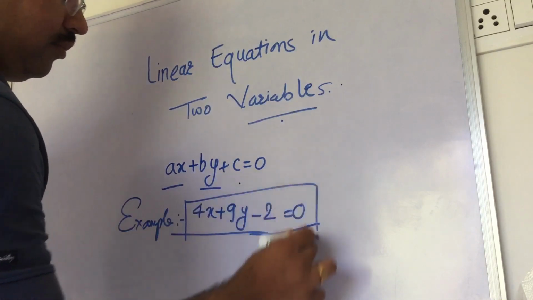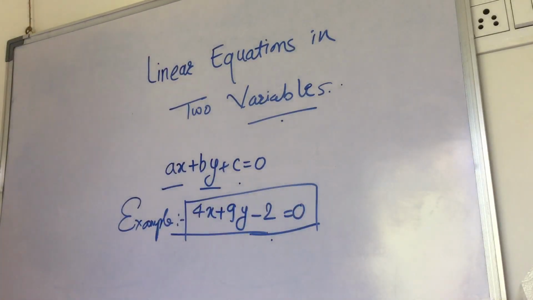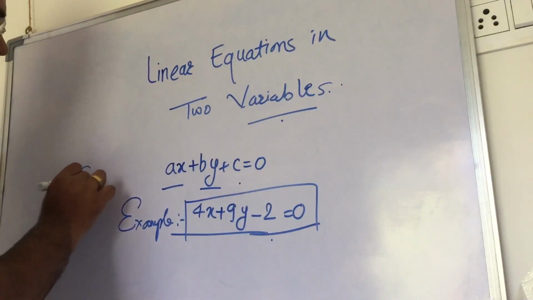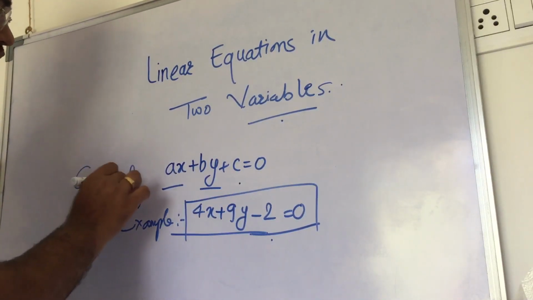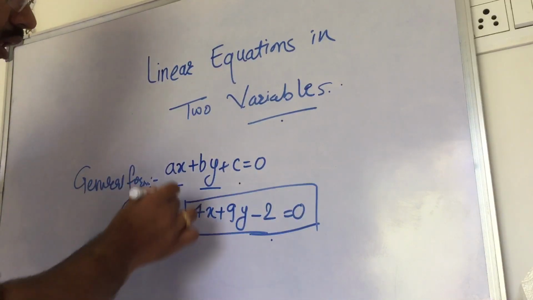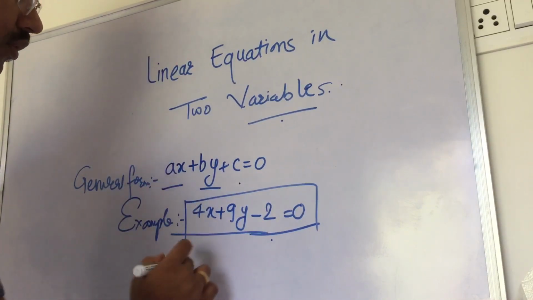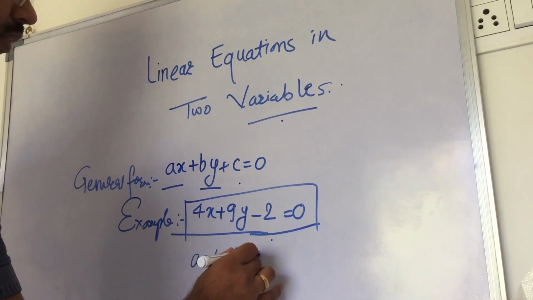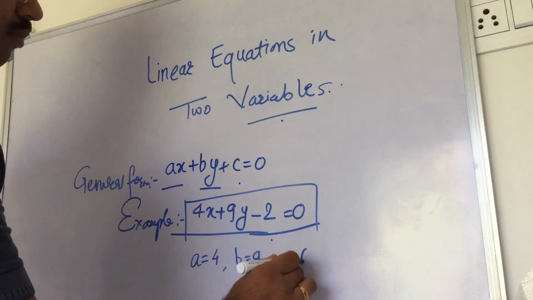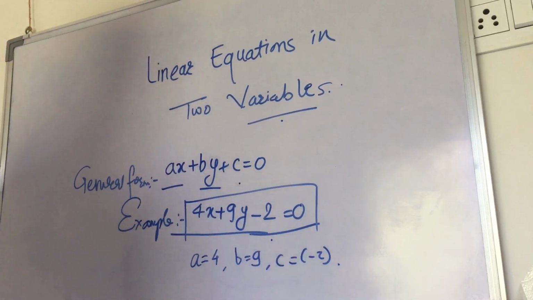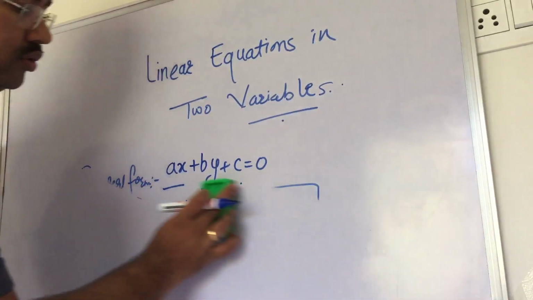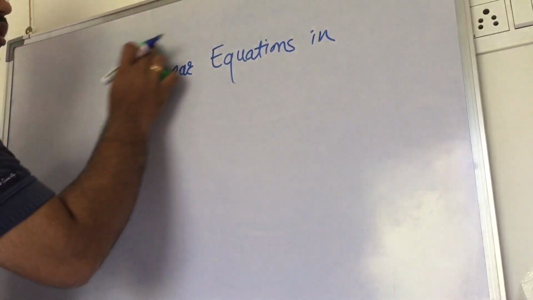This is an example of a linear equation in two variables, where if you compare this to the general form, you can say that the value of a is 4, b is 9 and c is minus 2, right? So this is an example of a linear equation in two variables.